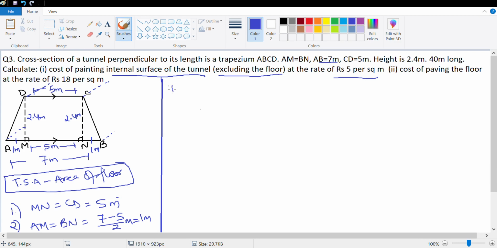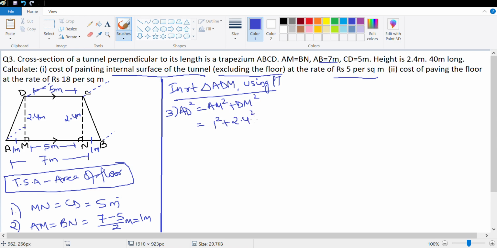Perfect. So in right triangle ADM, using Pythagoras theorem, I get AD square is equal to AM square plus DM square, which means 1 square plus 2.4 square, which means 1 plus 5.76, that's 6.76. So AD is equal to 2.6 meter.